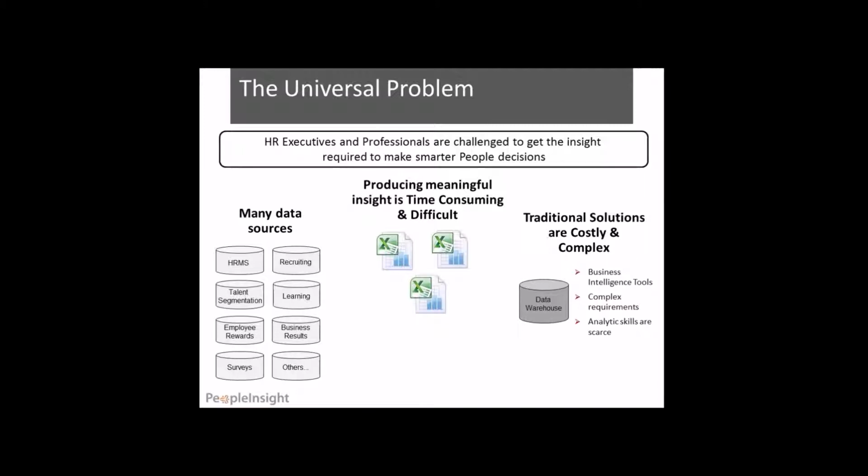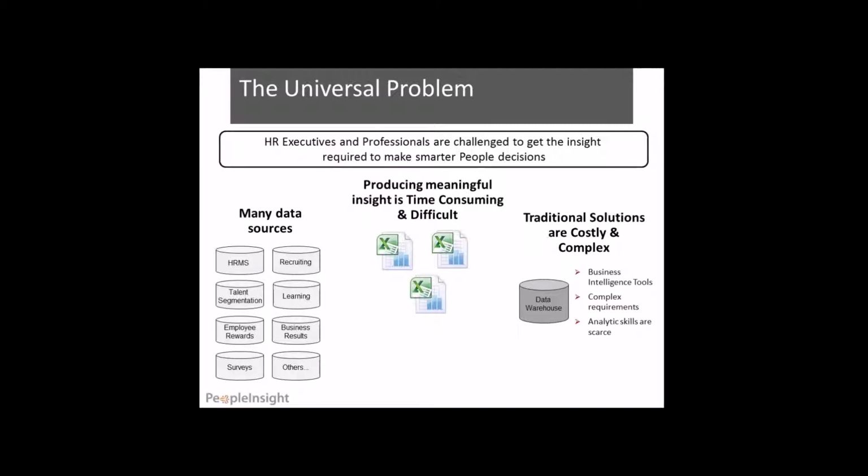So to start off, what we see in the market today, and for many organizations, is this universal challenge of HR executives and professionals being challenged to get the insight into their workforce that's required to help them and their executives drive more informed, fact-based decision-making regarding their employees and people.